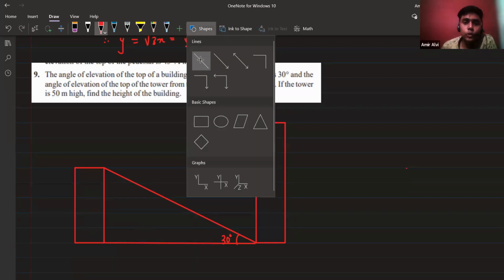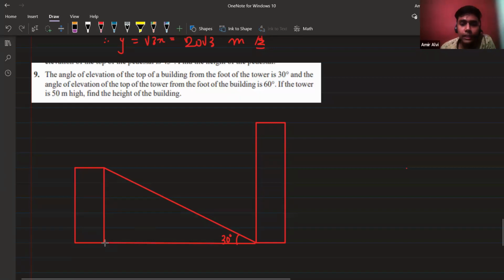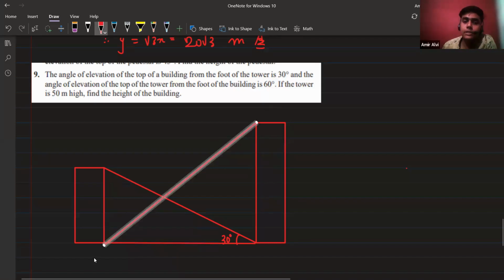I just wanted you to analyze the question. If you analyze the question, that's the most important part. If you analyze, you can solve any question. And if I am standing here at the foot of the building and seeing the top of the tower, it's saying that it's 60 degree.